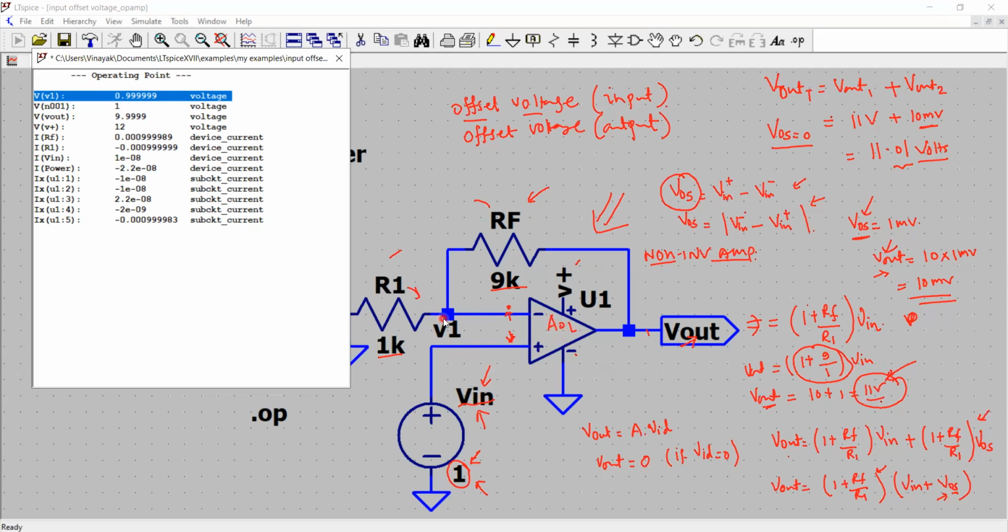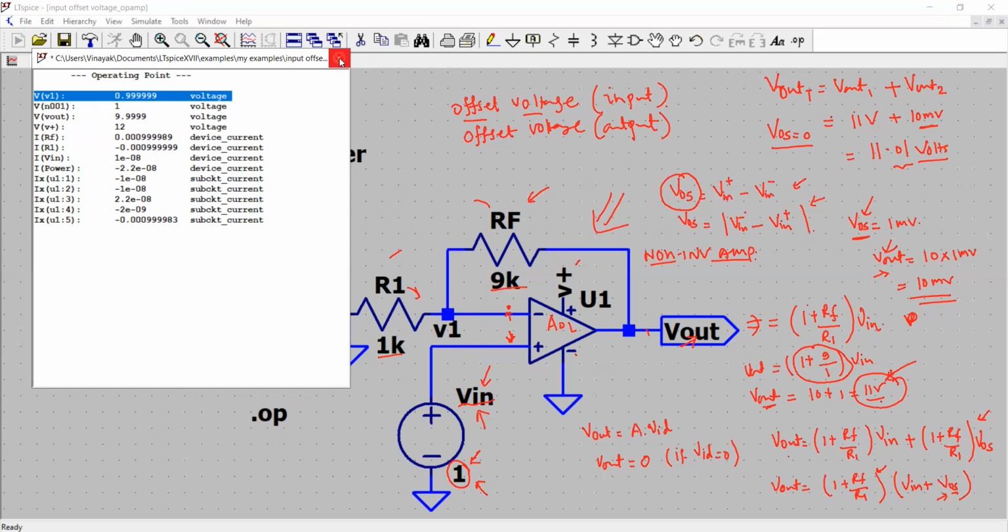It's called a virtual short. It's the concept of virtual short. And that voltage is 0.999. So it's 1 volt approximately. So you see the op amp is trying, the amplifier is trying to force both the inputs to be equal, right? And the rest are your current through the resistors and all that.